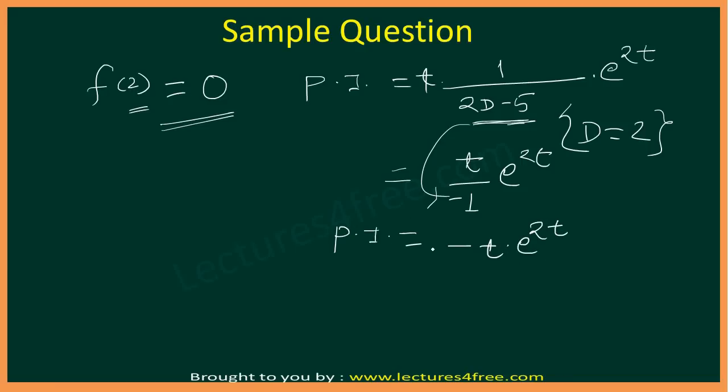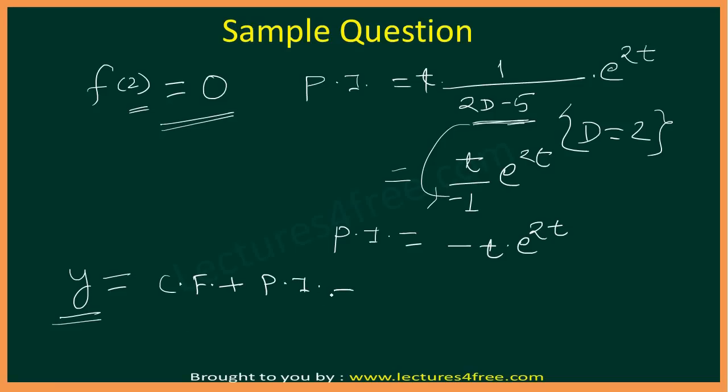Okay, so now you got your complementary function, you got your particular integral. So you can write your complete solution. Complete solution means y is equal to complementary function plus particular integral.